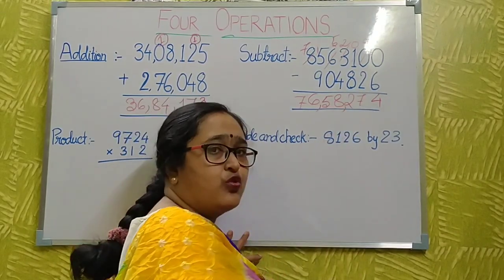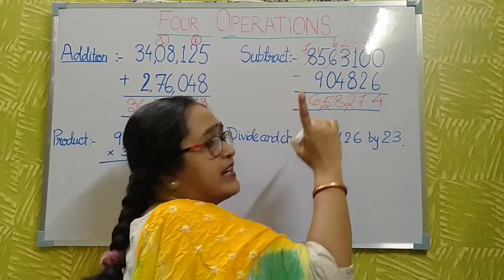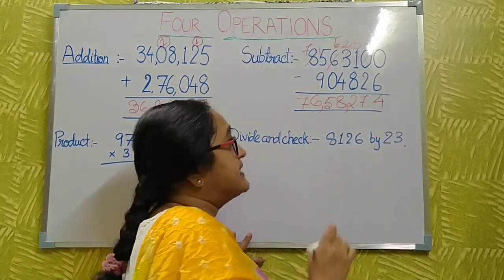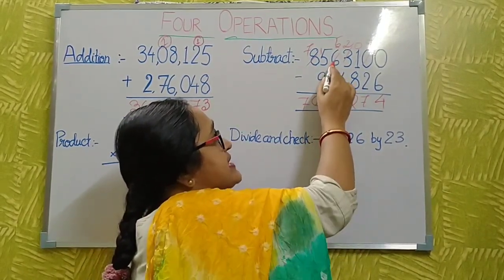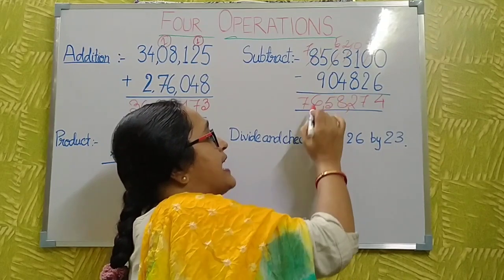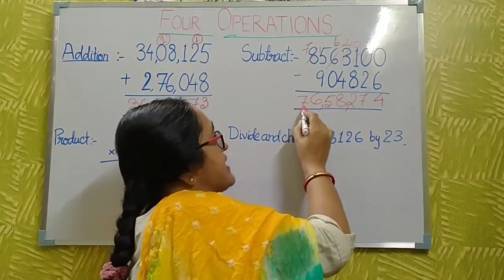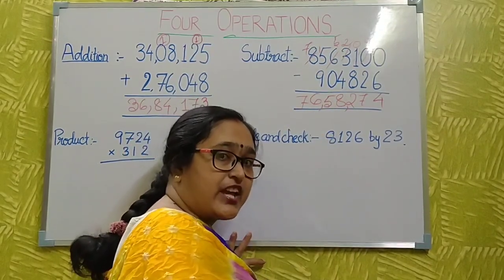And 8 plus 2 is 10, and 1 carry, 11. 1 and 1 carry. And 8 plus 4 is 12, and 1 carry, 13. 3 and 1 carry over. And 5 plus 1 is 6, I put here. And 9 plus 6 is 15. And 1 carry over. And 7 plus 1 is 8. The answer is correct.